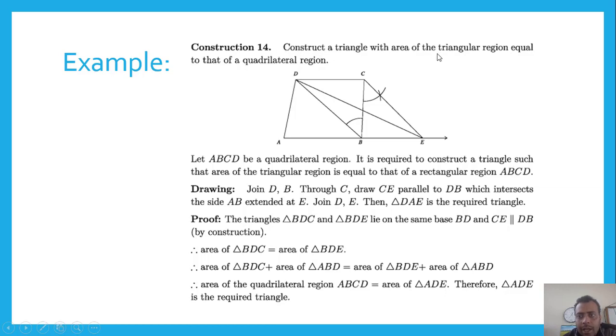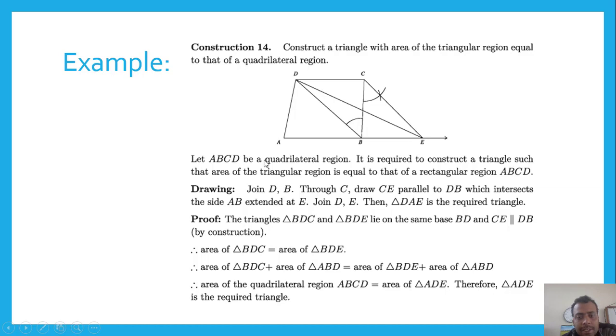That is, we are given a quadrilateral region and we have to draw a triangle. So these types of problems are often called construction. If this is possible to draw, then it is finally considered as a construction. If some given problems are not possible to construct, then this is not called construction.